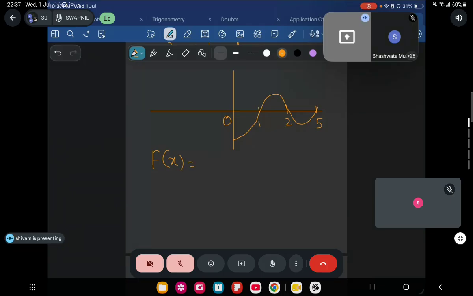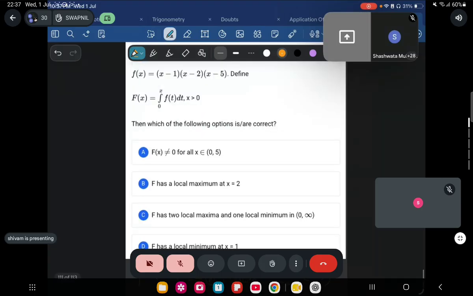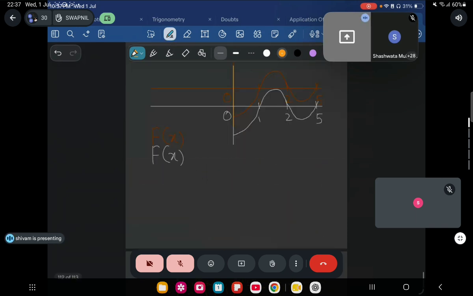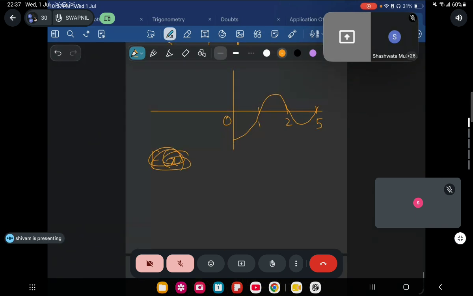F of x will be equal to... See, between 0 to 1, definitely the area will not be equal to 0. Between 0 to 2, let us check what will happen.